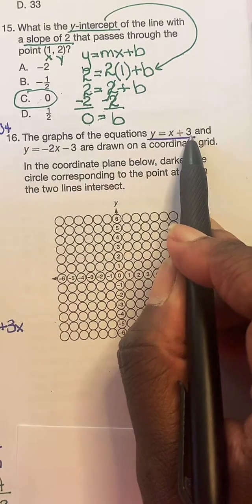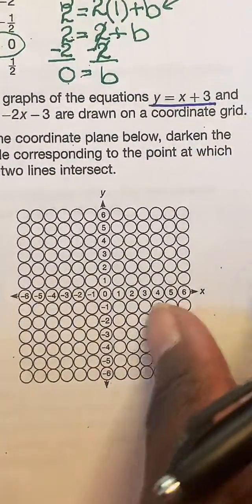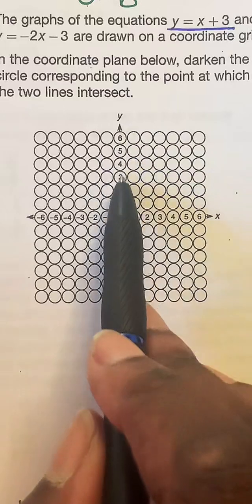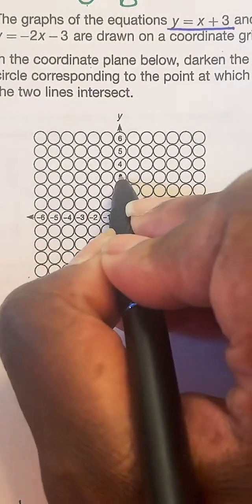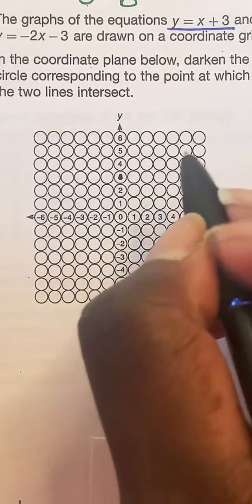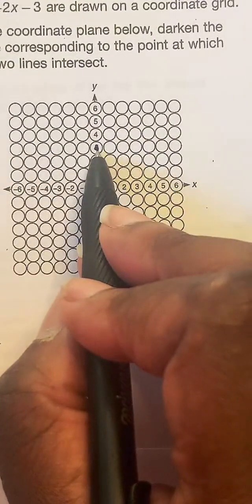Let me make it a lot bigger, like about that much. All right, so if I look on my y-axis, where is my y-intercept? My y-intercept is going to be here at 3. And I'm not going to put a big circle because we need to do that later. So my first point is going to be at 3 on the y-axis.